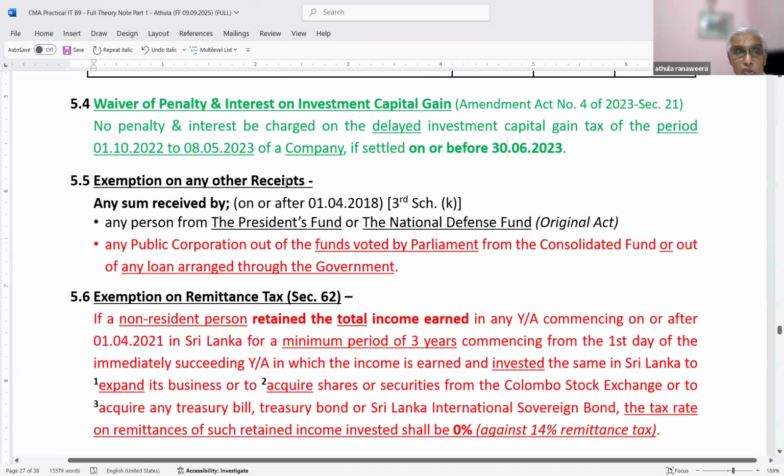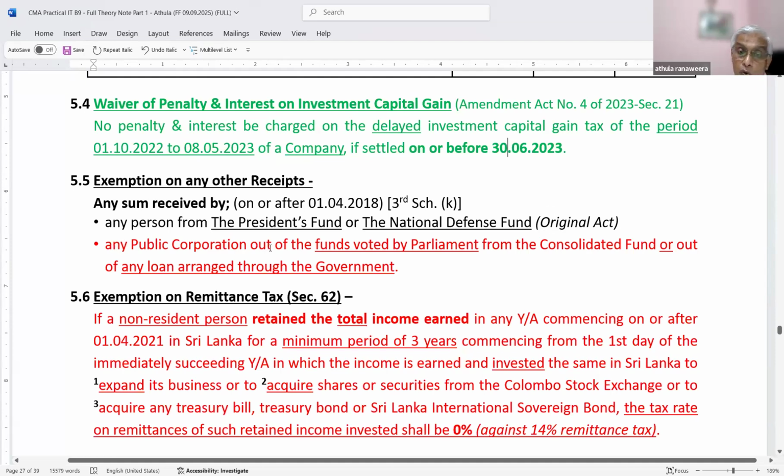Next, exemptions on any other receipts. Any sum received by any person from the President's Fund or National Defense Fund is totally exempted. In any person's hand, exempted.